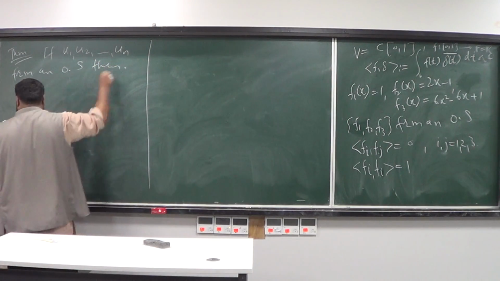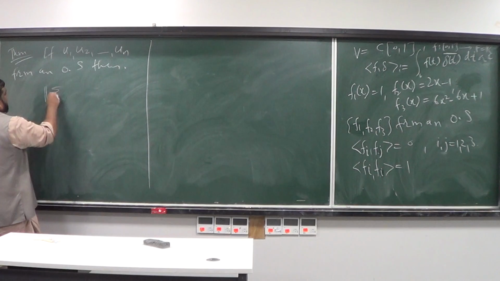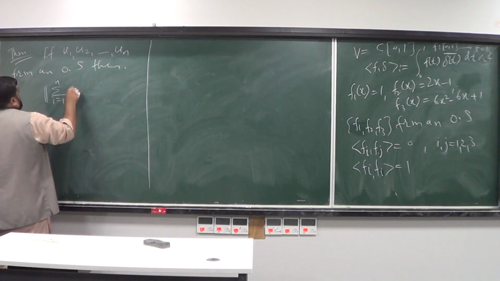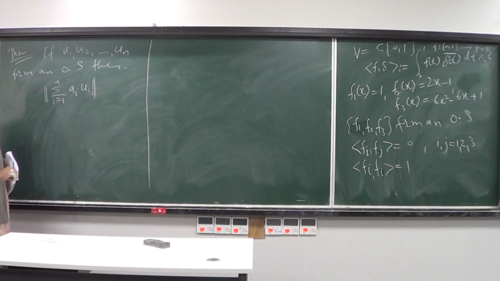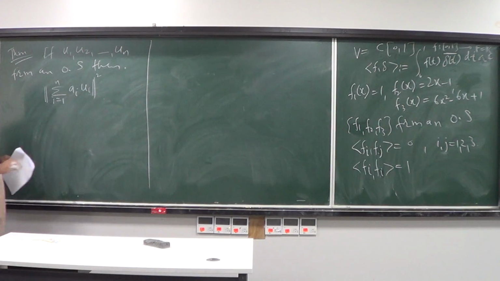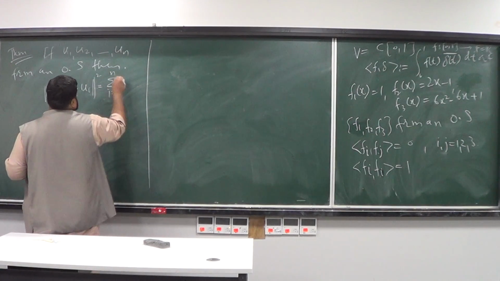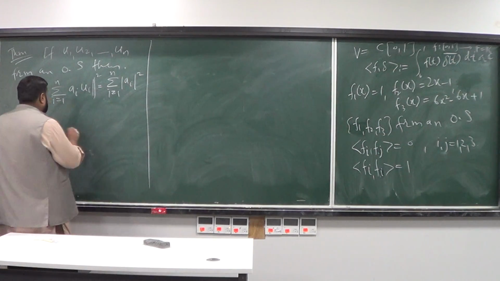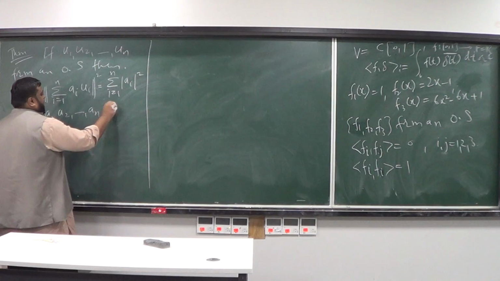then if you take a general linear combination, the sum for i equal to 1 to n of a_i u_i, of these vectors, and calculate its magnitude, then the squared magnitude is equal to the sum for i equal to 1 to n of the magnitude of a_i squared, for all a1, a2, ..., an from the field.